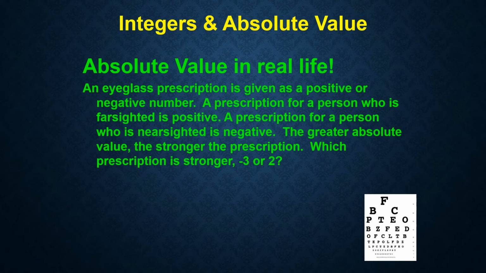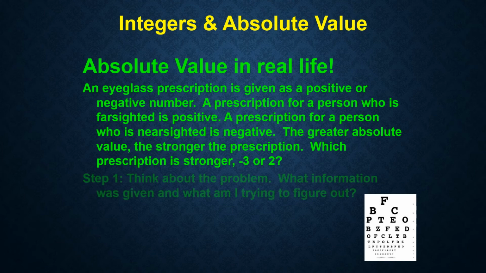A prescription for a person who is far-sighted is positive. A prescription for a person who is nearsighted is negative. The greater the absolute value, the stronger the prescription. Remember this. Which prescription is stronger, -3 or 2? Think about the problem.